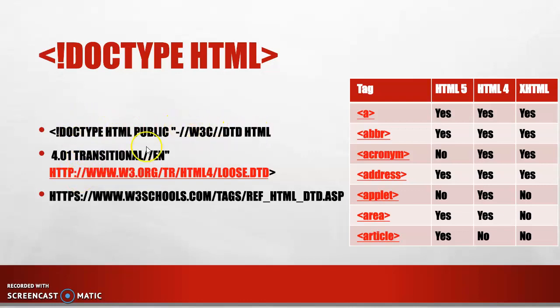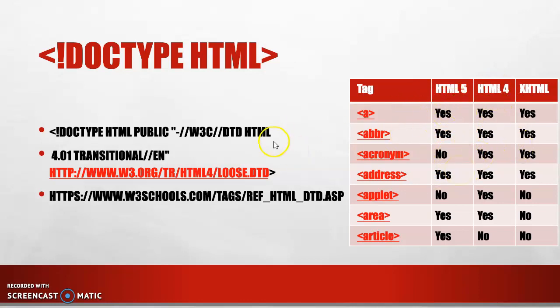You see how it's a little bit longer, more extended, with some more information. HTML5, like I said, they cleaned it up and made it real simple for you. That's all you have to do: exclamation point, doc type, HTML. And over here, in this table, it'll show you what features are supported by HTML5 and HTML4.